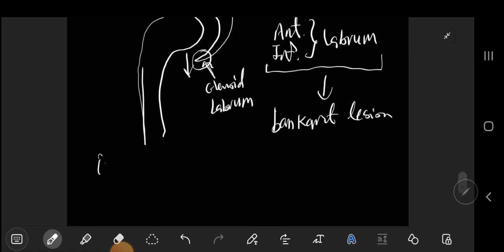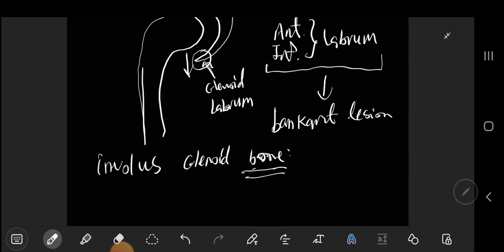If it involves the glenoid bone, and I make a very specific bold on the bone, how would it be called? It will be called a Bankart lesion, but which type? It will be called a bony Bankart lesion, because there is also bone.